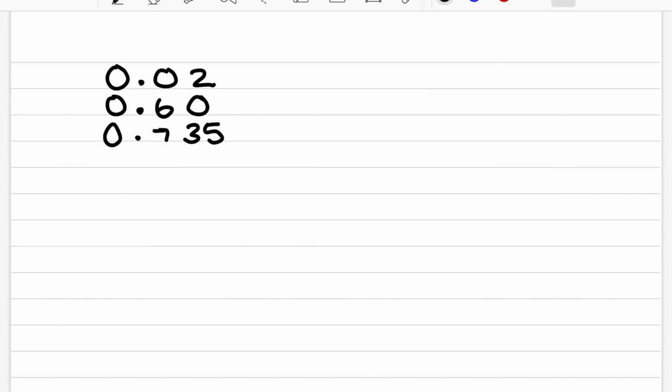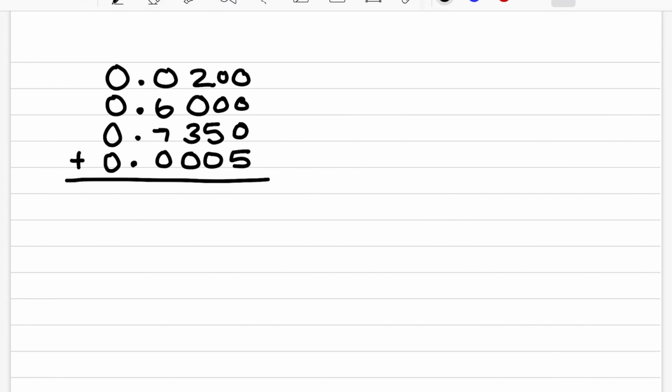0.735 and 0.0005. Again, if you want, you can add zeros here to make sure that you have all of your columns lined up and you don't accidentally add these two together. Just whatever helps you best. Okay, so we can add those up.